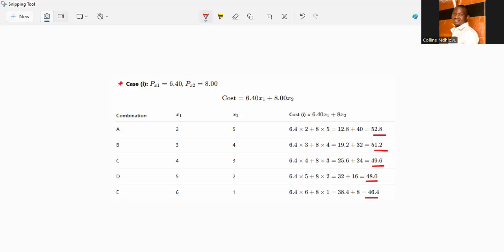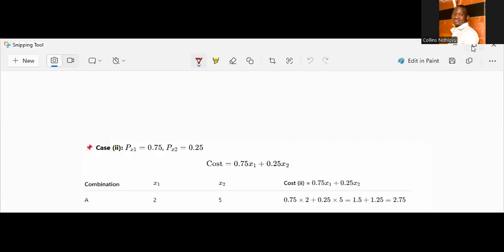The idea here is we are looking for which combination will give us the lowest cost. We do the same with our second case values. We put in those values and see which one will give us our lowest cost. Are we together? Are we following? So these are the figures we have here.